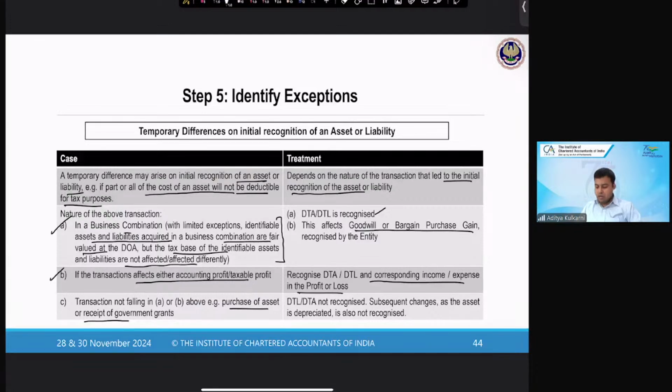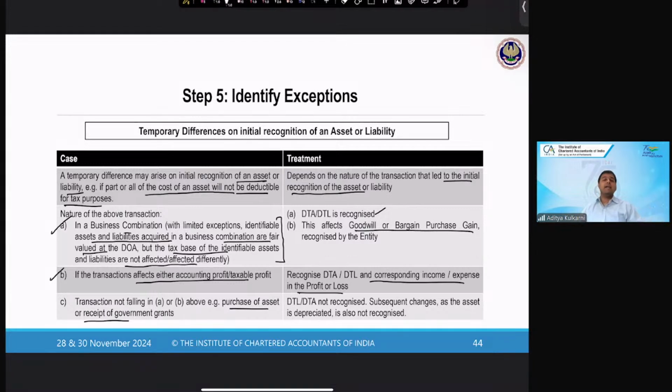Example, if part or all of the cost of an asset will not be deductible for tax purposes. So nature of the above transaction, in a business combination with limited exceptions, identifiable assets and liabilities acquired in a business combination are fair valued at the date of acquisition. But the tax base of the identifiable assets and liabilities are not affected or affected differently.